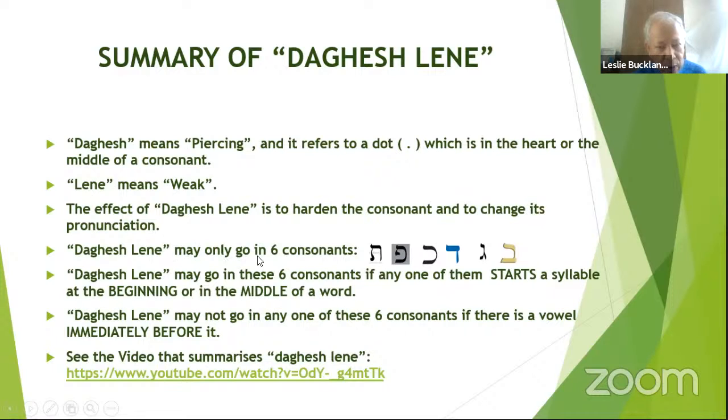Dagesh Lenny may only go in 6 consonants: Vaith, Rimel, Thaleth, Kaf, Fe, Thou. Dagesh Lenny may go in these 6 consonants if any one of them starts a syllable at the beginning or in the middle of a word. Dagesh Lenny may not go in any one of these 6 consonants if there is a vowel immediately before it.